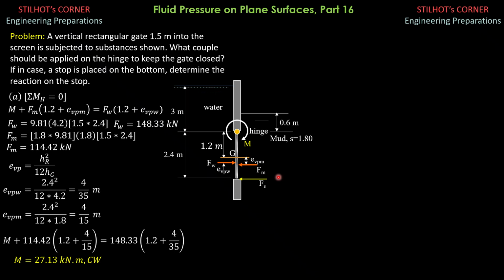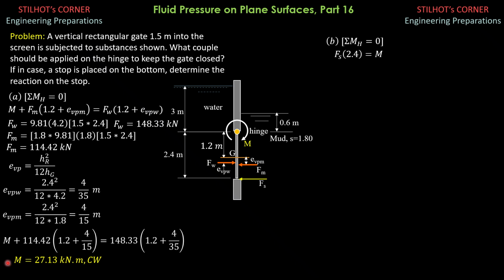The equation is F sub S times 2.4 plus F_M times quantity 1.2 plus e_VPM equals F_W times quantity 1.2 plus e_VPW. So since the difference between this moment and that moment is M in part A, then F_S times 2.4 equals M. That's the resulting equation.